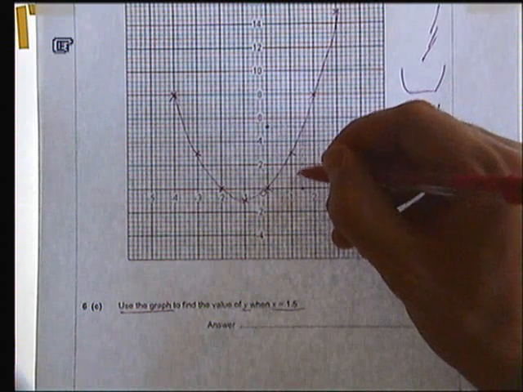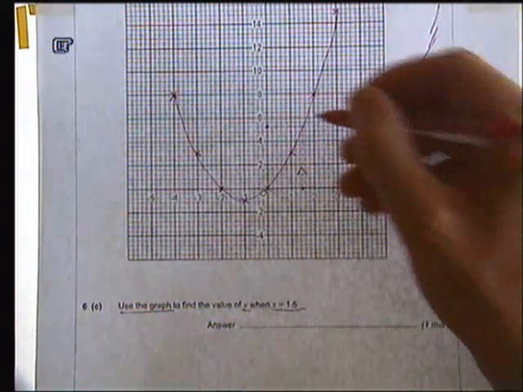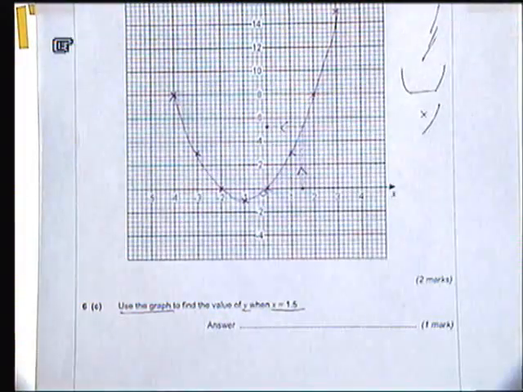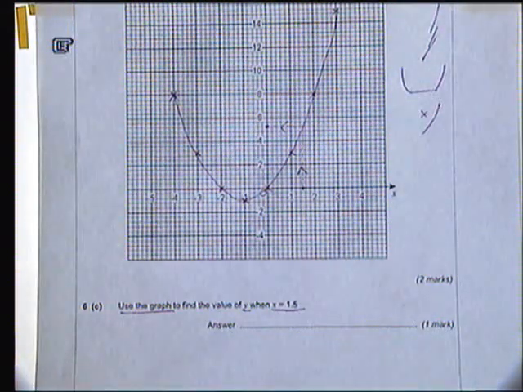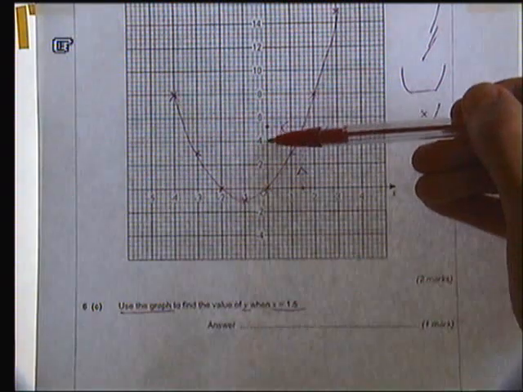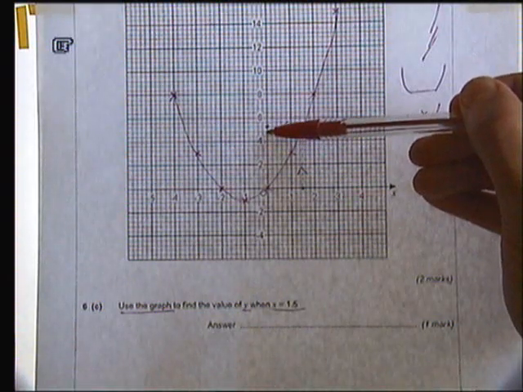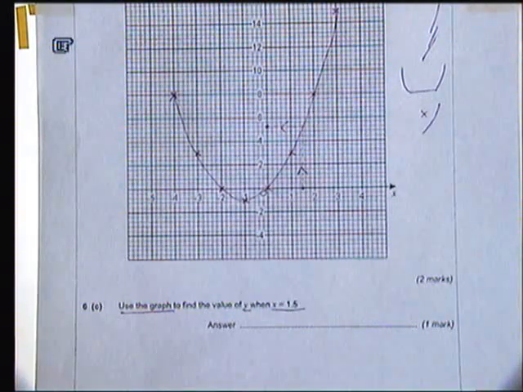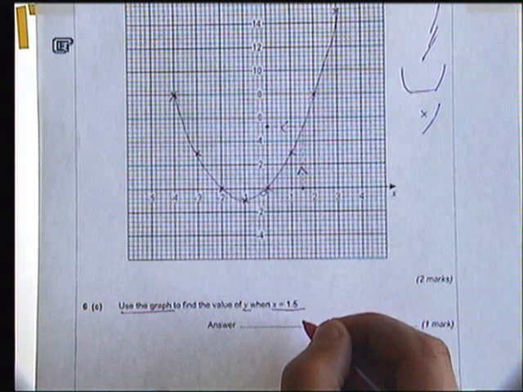So you're literally treating this like a scatter graph or a line of best fit, going up to the line and across to find out what the value is. And in this case, we've got 4, and then there are 3 small squares going up.